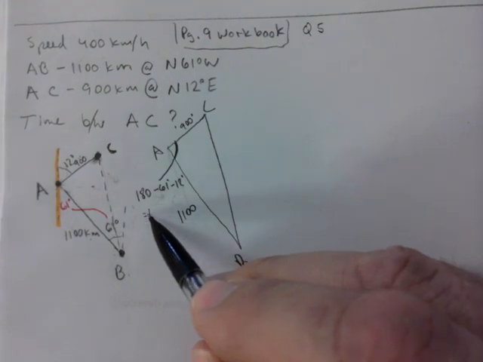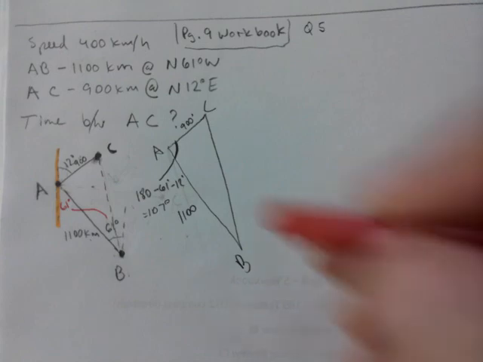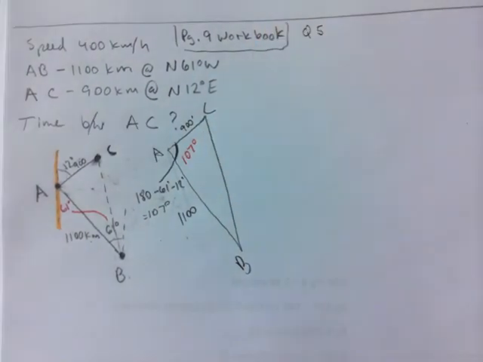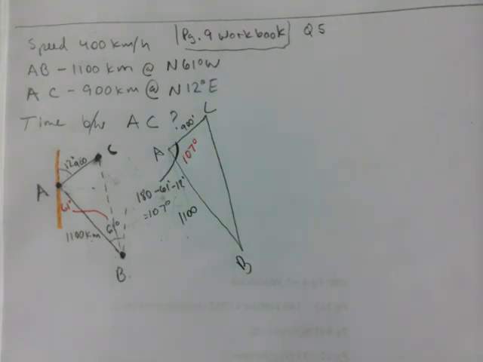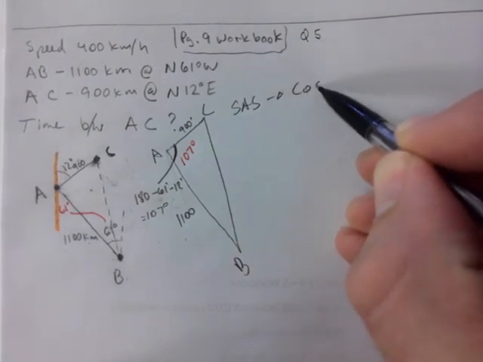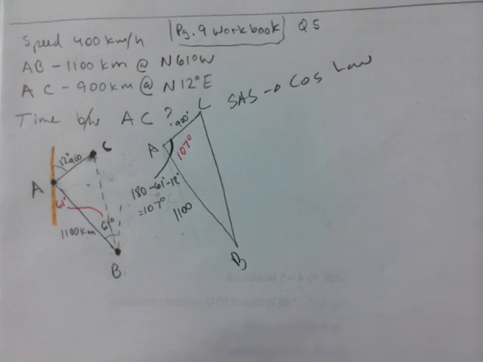So it's 107, 107 degrees. The 107 goes in there. Okay. And what is this? This is SAS, right? Cosine law.